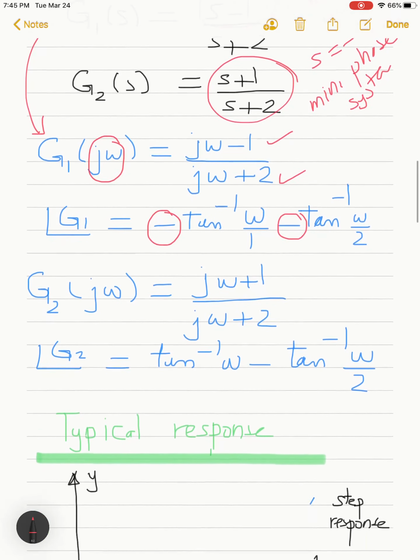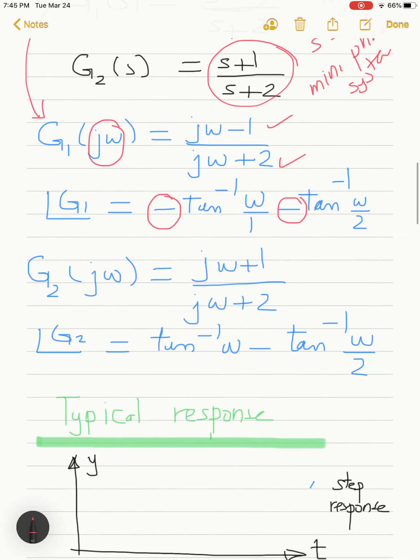If you consider the second case where we have a minimum phase system, in that case you will find the angle of the numerator positive, the angle of the denominator negative, and the difference between the two angles would be smaller than the angle of the zero or the angle of the pole. So that's why it's called minimum phase system.